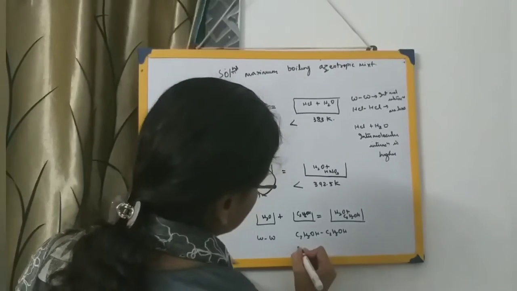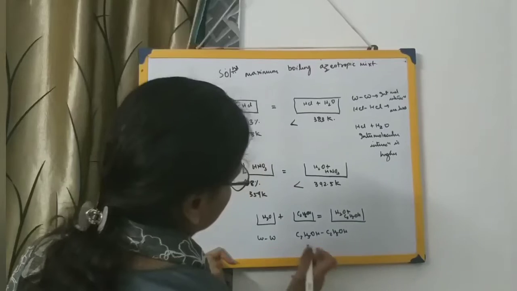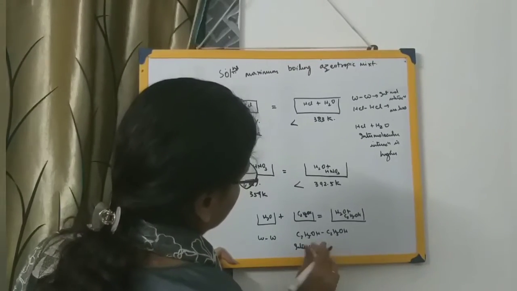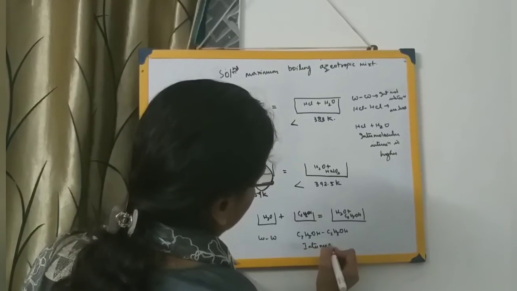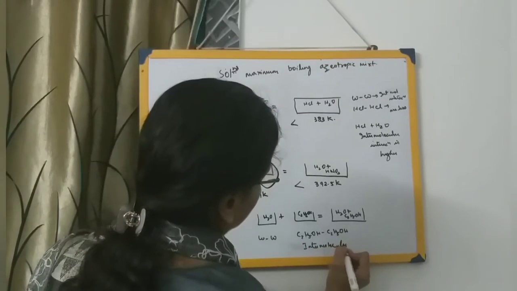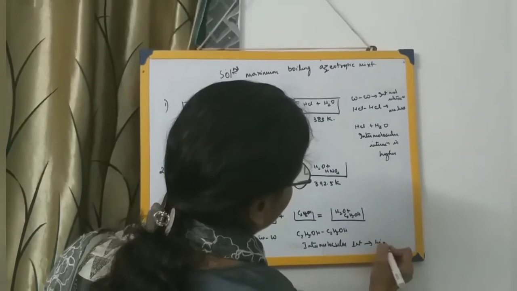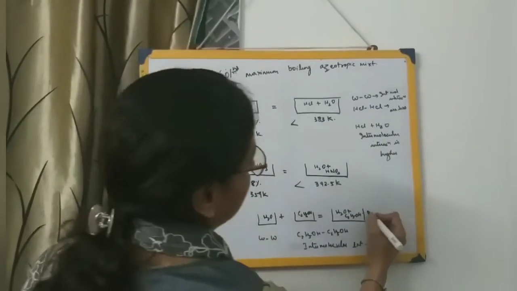So here the intermolecular interactions are higher as compared to this. That is, over here the intermolecular interaction is less.